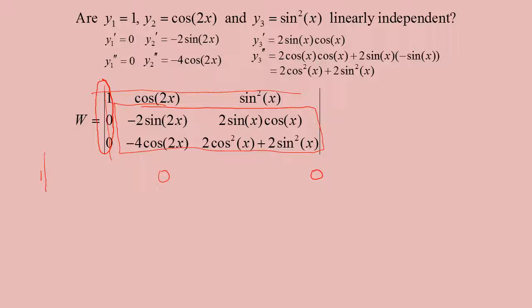So this would be a 1 times negative 2 sine 2x, 2 sine x cosine x, negative 4 cosine 2x, and then 2 cosine squared plus 2 sine squared.